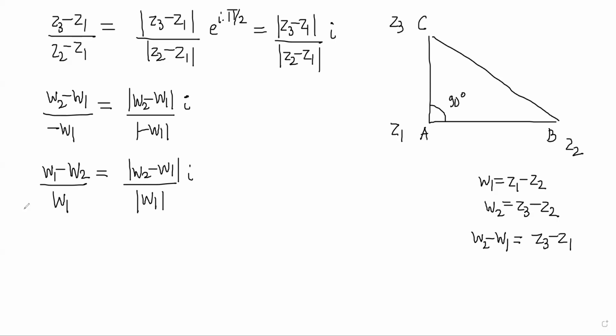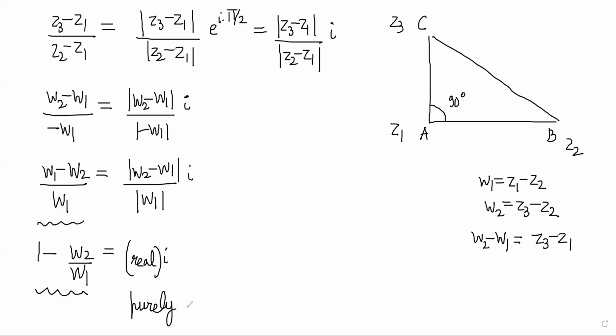So think about it. This number can be simplified as 1 minus W2 by W1 is equal to, this is a real number, ratio of two moduluses is real, times I. So this complex number is purely imaginary. Think about it, 1 minus W2 by W1 is some real number times I. So it is purely imaginary, right?